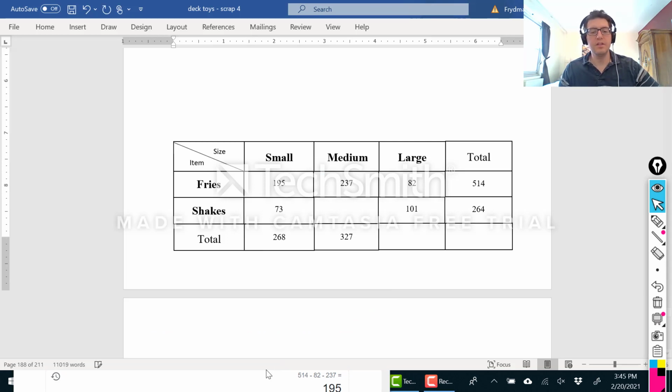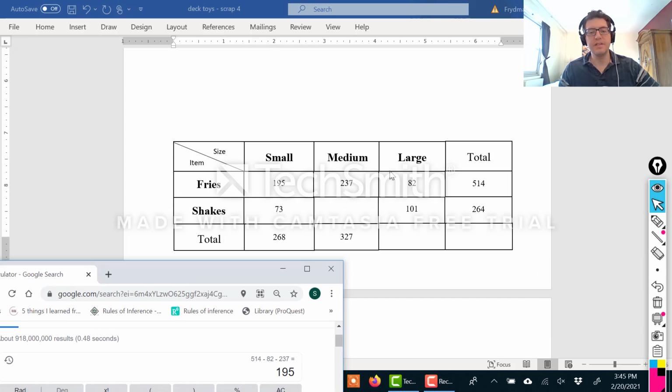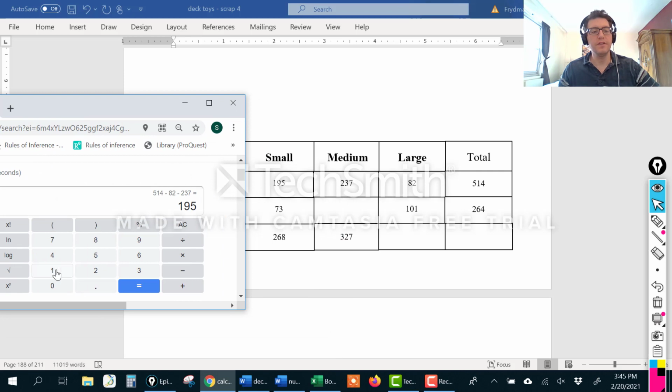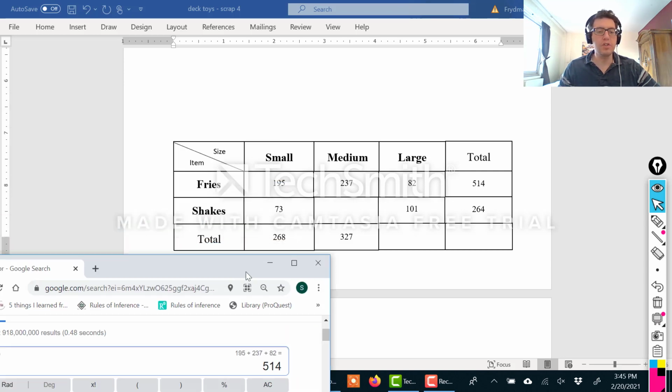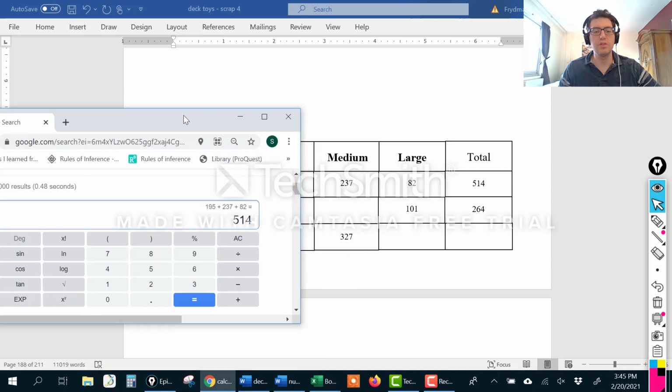Okay, let's see if that answer makes sense. Again, this plus this should add up to 514. So let's see if it does. 195 plus 200... how do I go back? Oh, there we go. Plus 237 plus 82 is equal to 514. And it should also work out that this plus this is equal to 268.